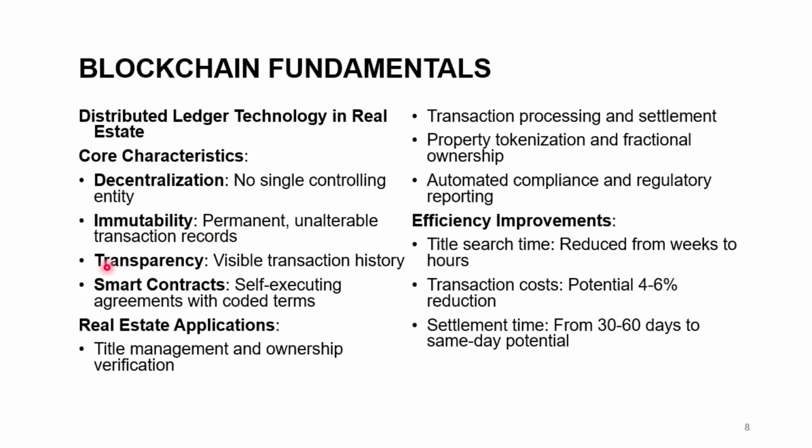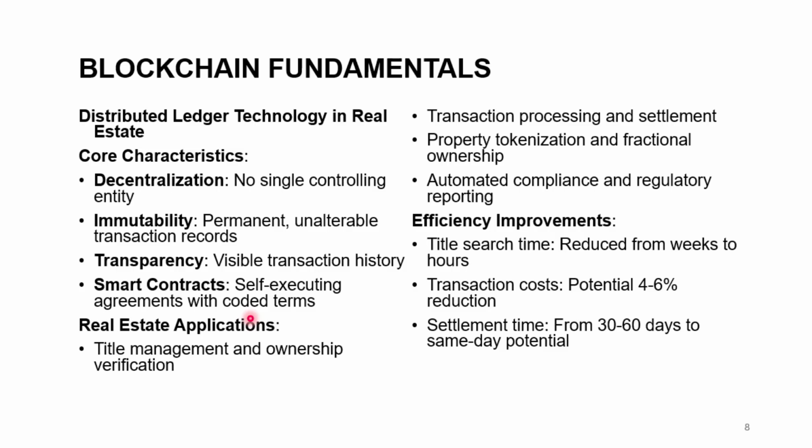So once something is recorded on the blockchain, it cannot be changed or deleted. Then transparency provides visible transaction history to all authorized parties. You have smart contracts, which are self-executed agreements with terms directly written into code.